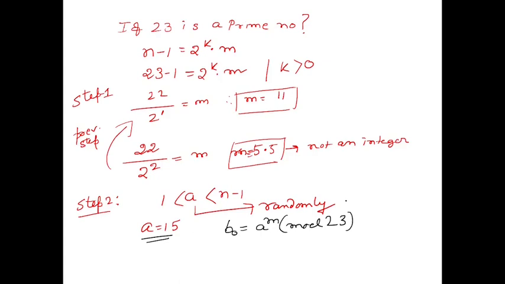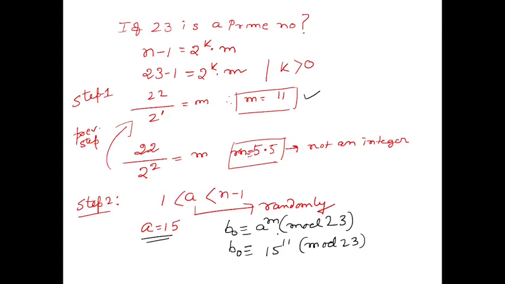So here our b0 will be congruent to 15 to the power 11, as we have calculated our m as 11, mod 23, which you have to calculate.